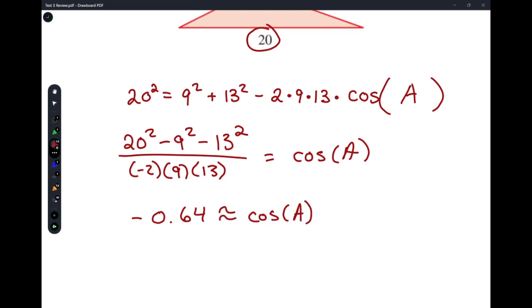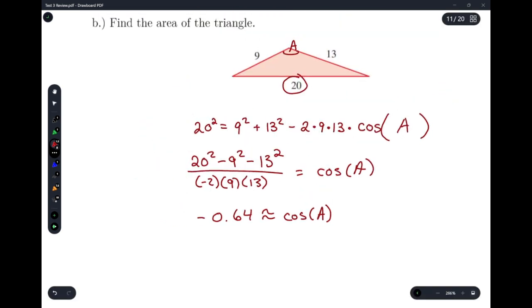Anybody else? Even try? Wait, is cosine allowed to be negative? Yeah, I guess it is. Actually, that's even cool. Negative cosine means extra credit right here. Why did you divide by those numbers at the bottom?